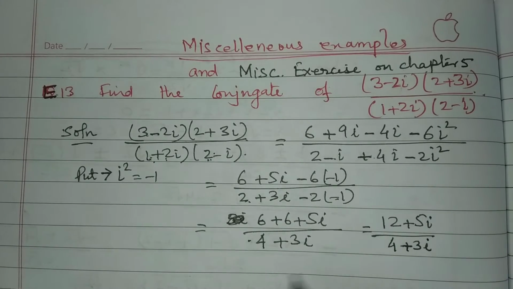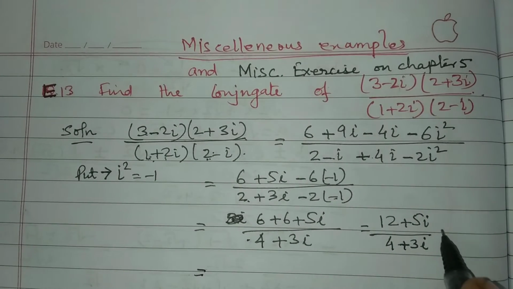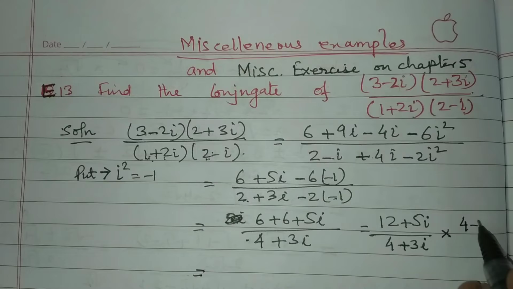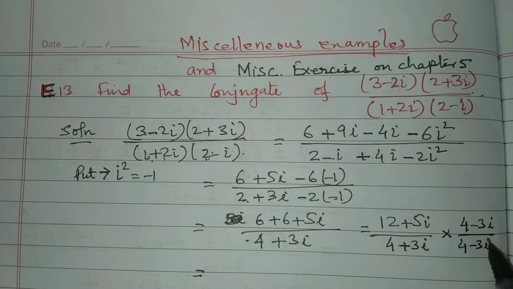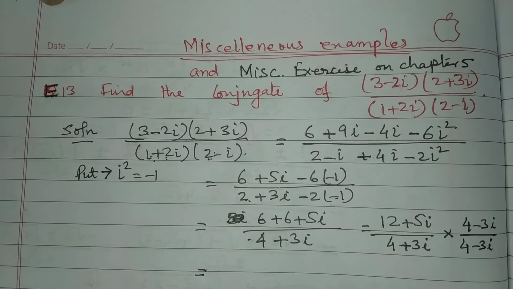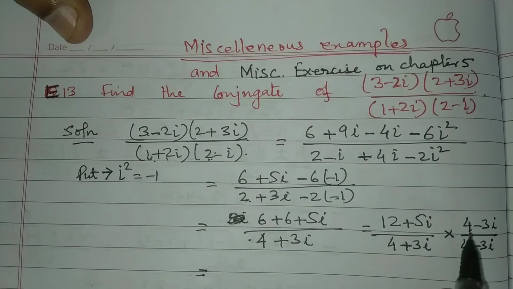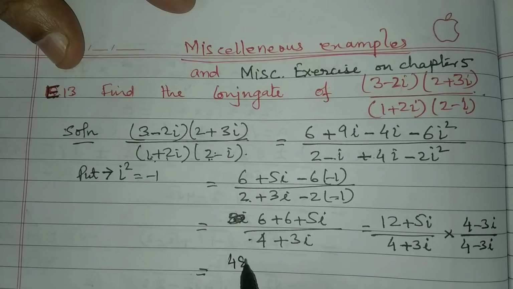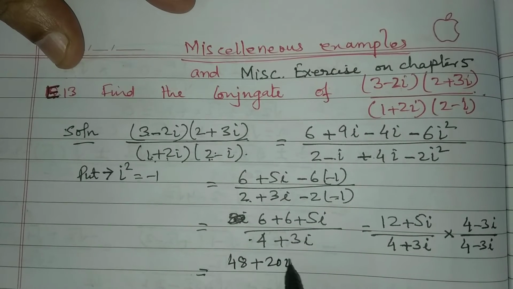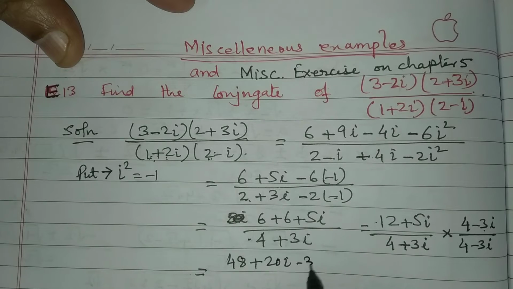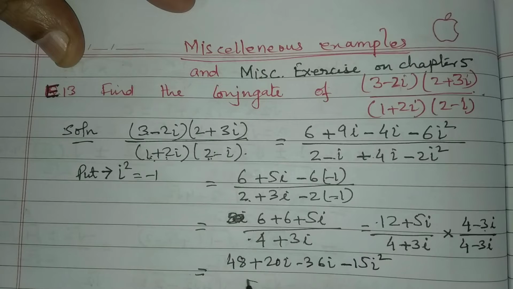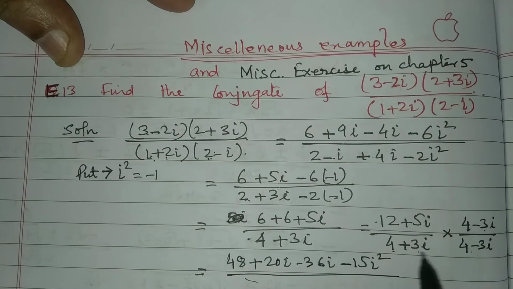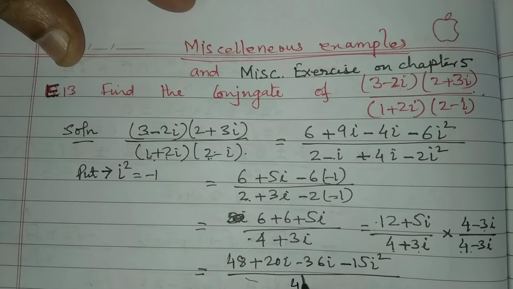Okay, so now we have to multiply by the conjugate of the denominator, so that we will find the given complex number in standard form. So here we will multiply: 48, then 36i, minus 20i, minus 15 i square, and here a plus b, a minus b, so a square minus b square, so it is 16 minus 9i square.